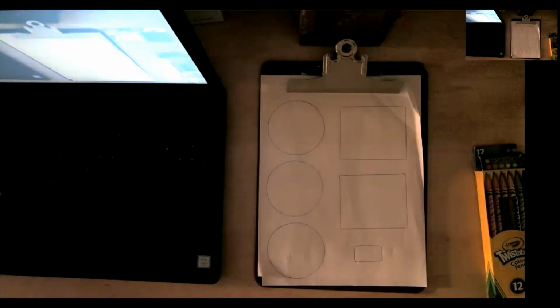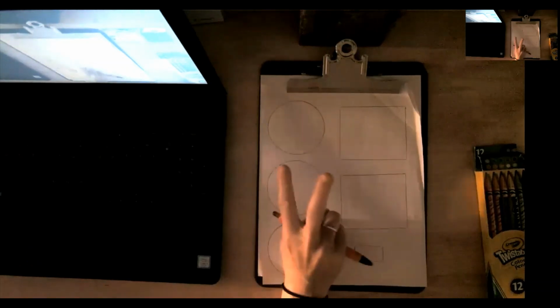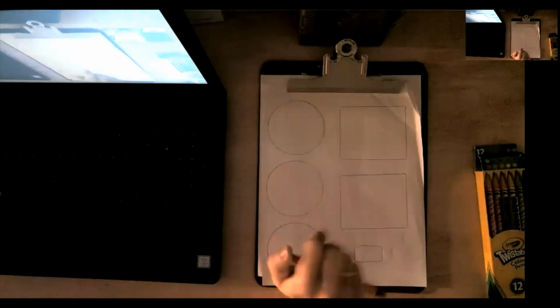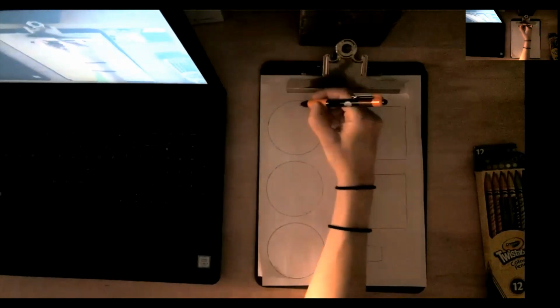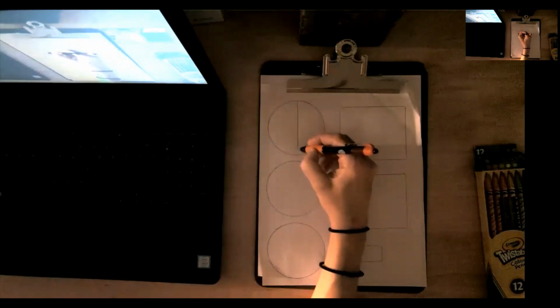Okay, so now I want you to draw a line somewhere in here to make 2 equal parts. So first, just like the picture I have, I'm going to draw right down the middle.